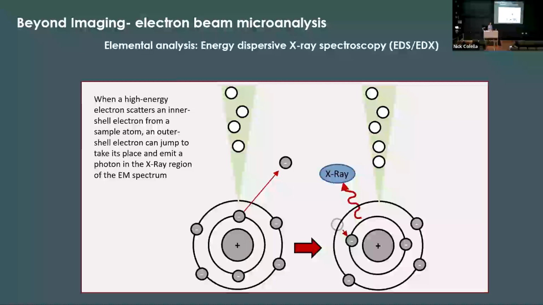The atom doesn't like that, so an outer shell electron jumps down to take its place, and during that transition event, the sample atom gives off an X-ray. EDS works by capturing those X-rays, measuring their energy level and their intensity, and we can translate that into elemental information about the sample and about the point where the beam hit the specimen.